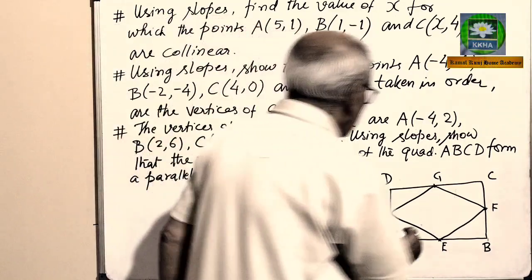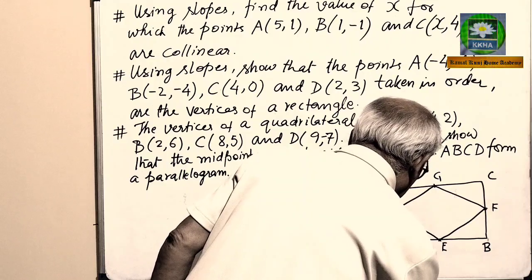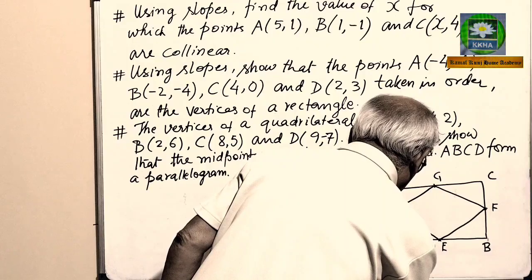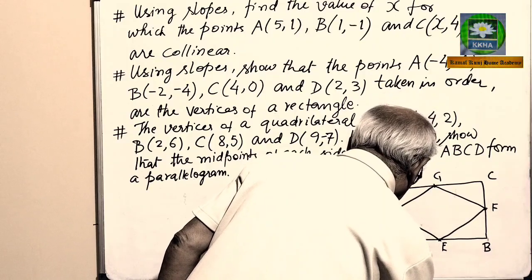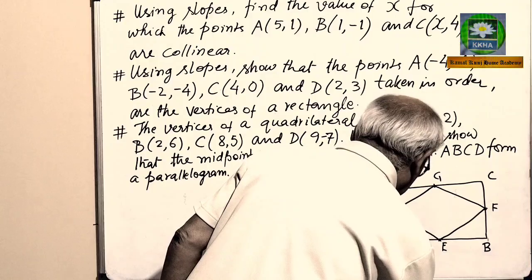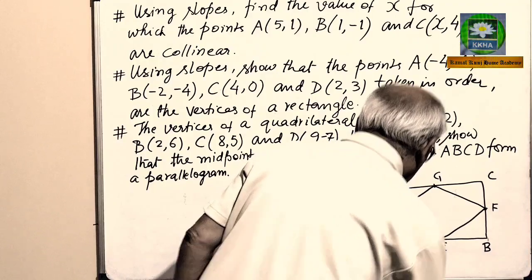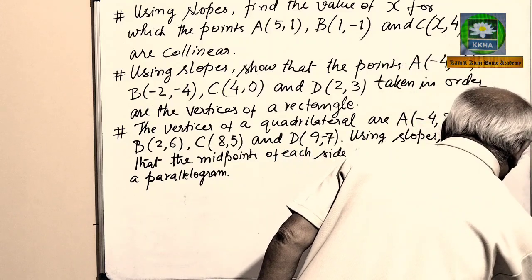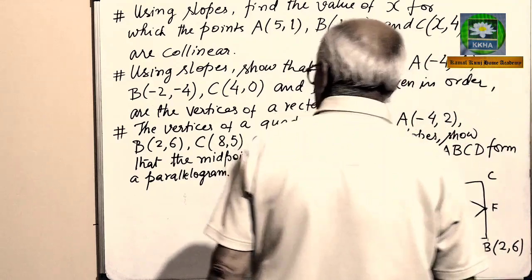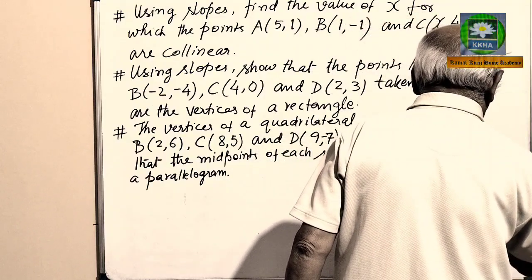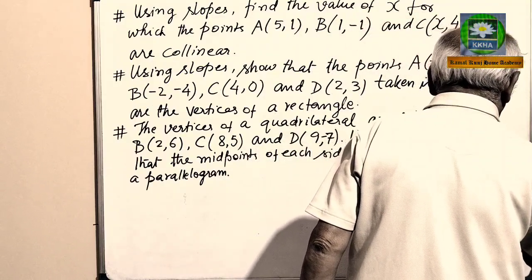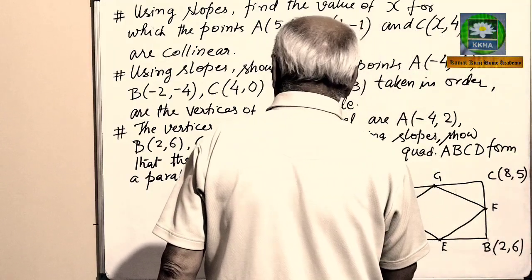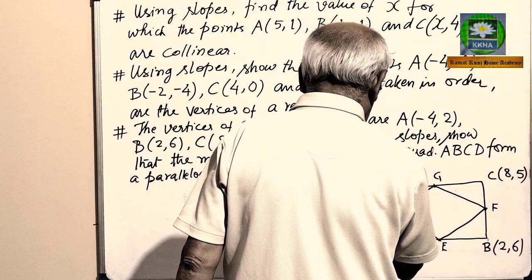Now coordinates of A are -4 and 2, B are 2, 6, C are 8, 5, and D are 9, -7.